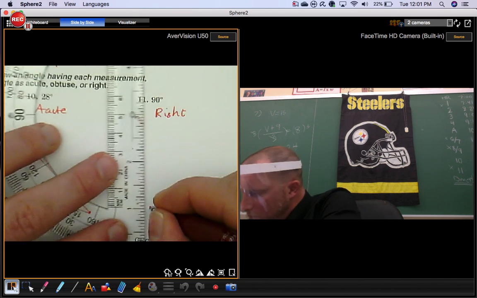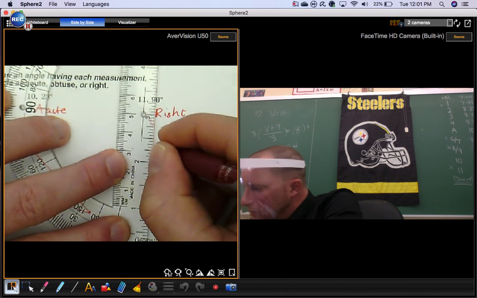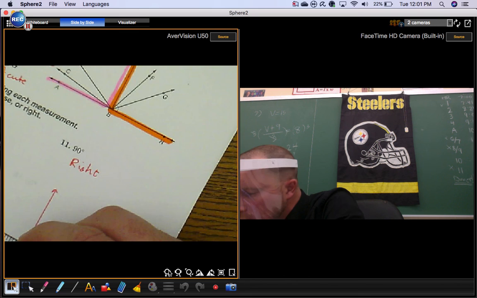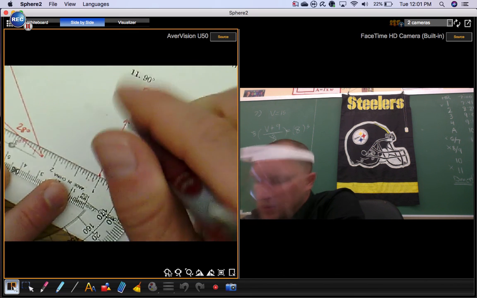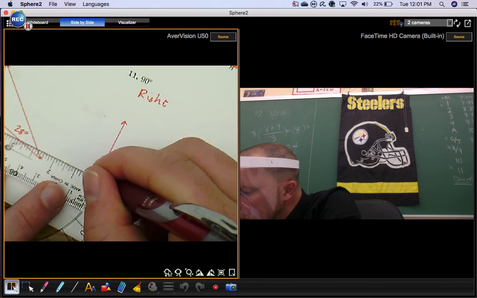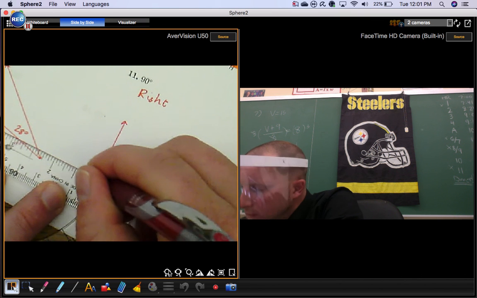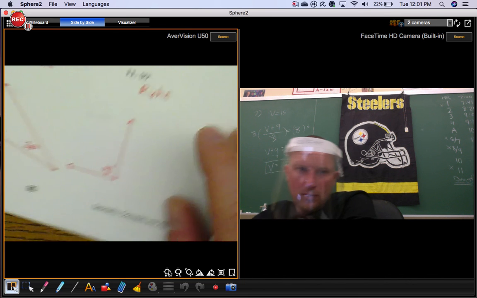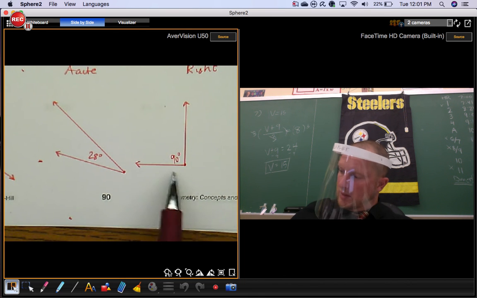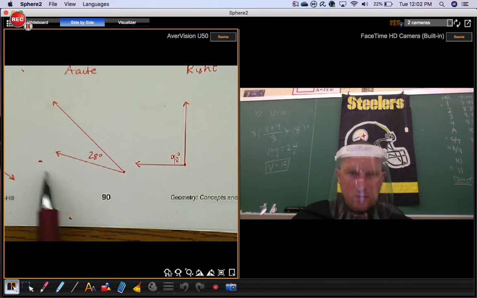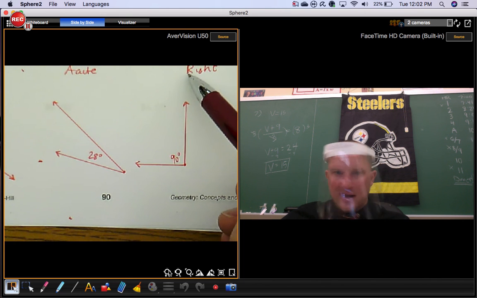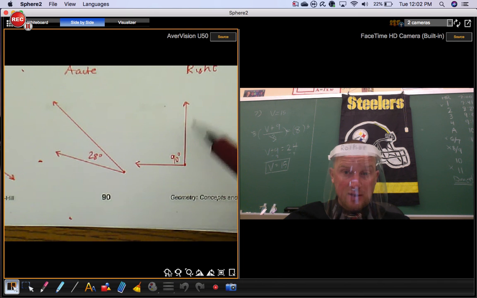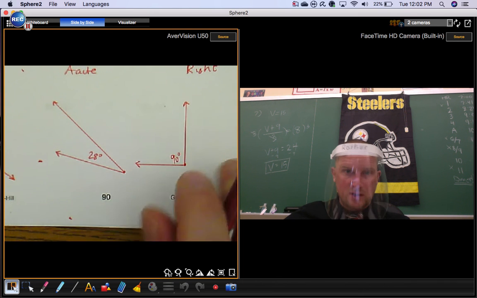And I'm going to connect those. So I connected my vertex to my 0. I connected my vertex to my 90, which was up here. And I didn't need to extend the rays. The arrowheads do that. So that's what your angles look like.